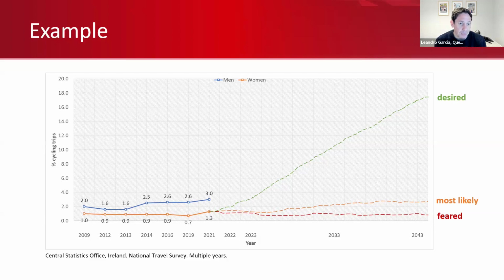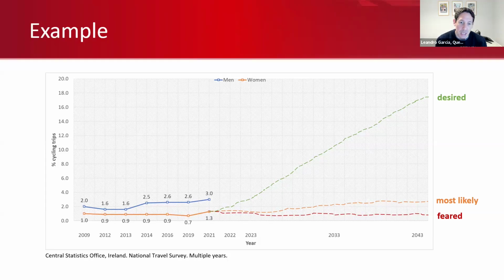And then we have the orange line representing the levels of cycling among women from 2009 to 2021, data that is collected through the National Travel Survey. So that's the observed trend, the observed behavior of your system over this period of time.